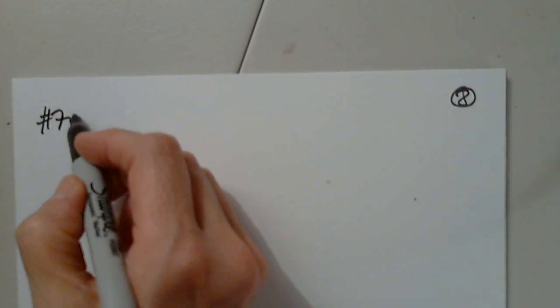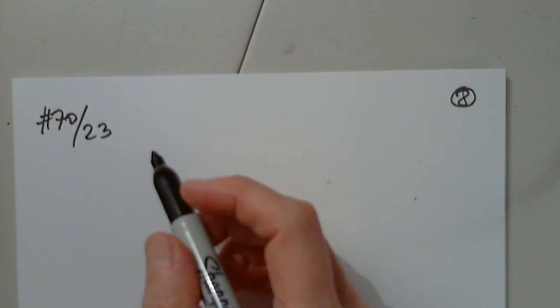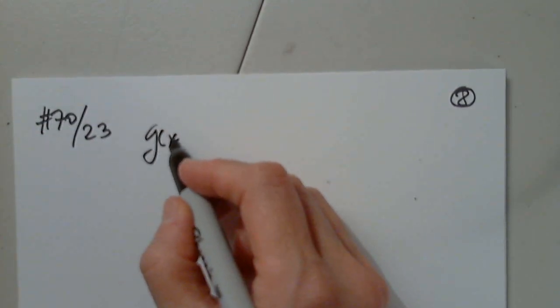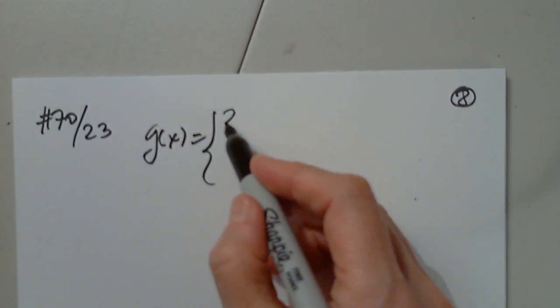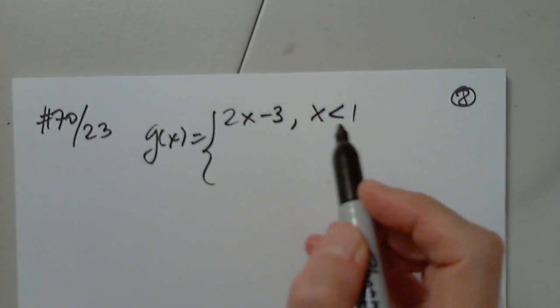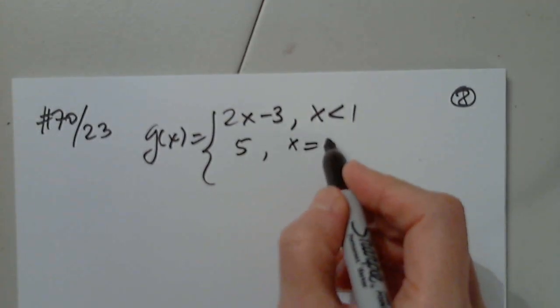So we have, okay, piecewise defined function, 70 on 23. I think I'm on page 8. Yes, I am. So here's the function. We have g of x is 2x minus 3 for x less than 1. It's 5 for x equals 1.